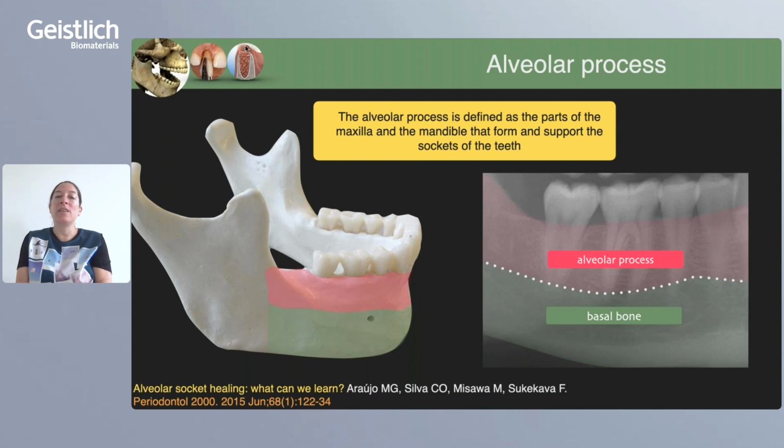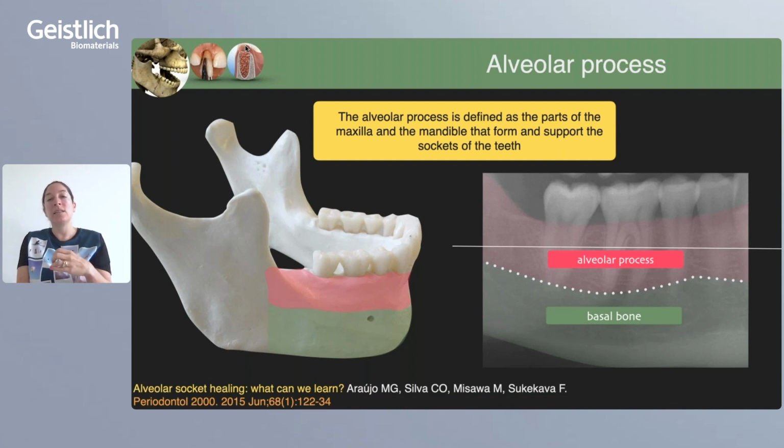We do have the alveolar process that lies on top of the basal bone. The alveolar process is the part of both the maxilla and the mandible that supports the socket of the teeth. So the alveolar process is built by the tooth eruption.